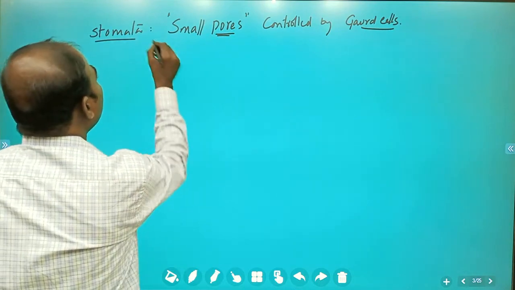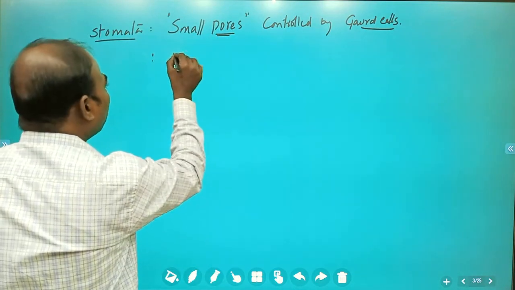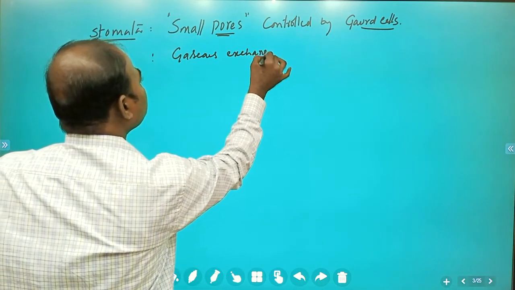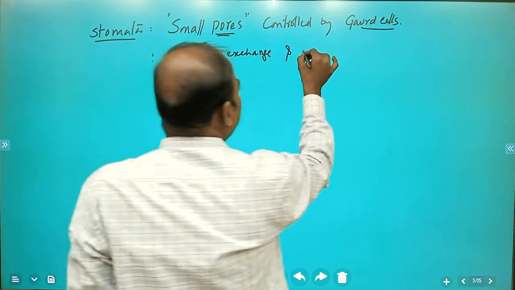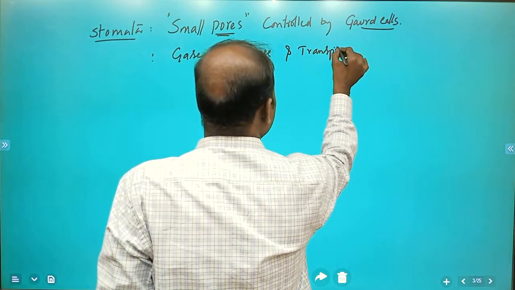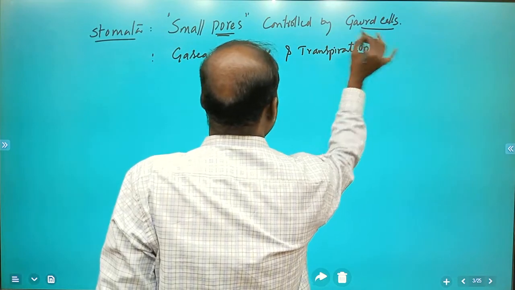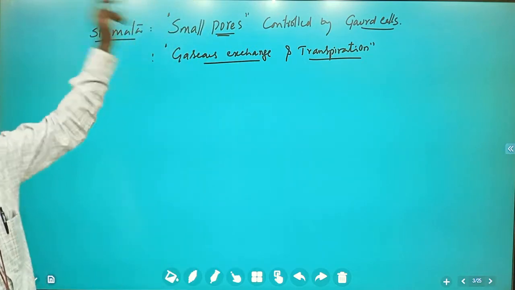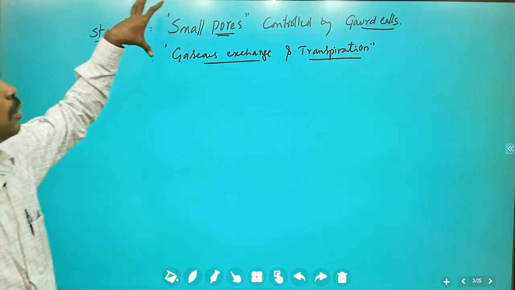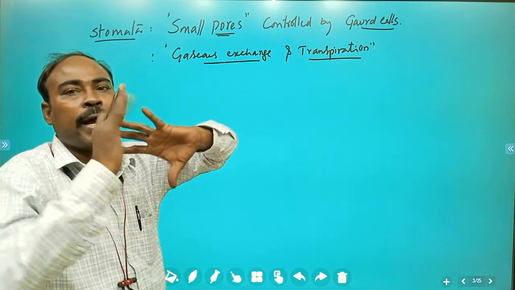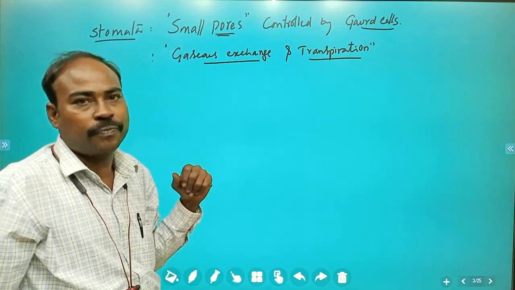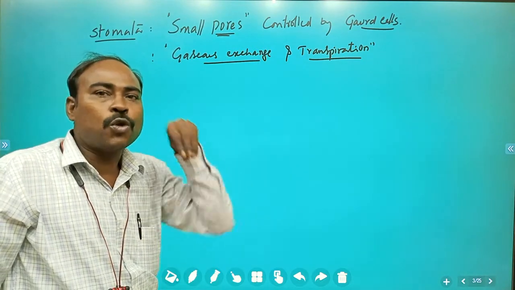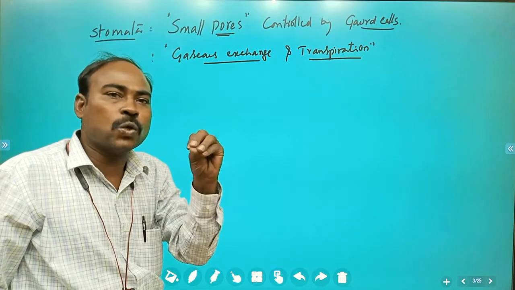These small stomatal pores are involved in gaseous exchange and in transpiration. So these are the two main functions performed by the stomatal pores, which are controlled by the guard cells. The guard cells are the specialized epidermal cells which participate in the opening and closing of the pores.